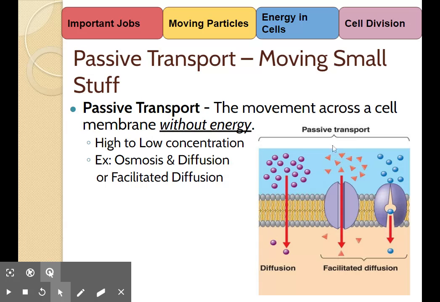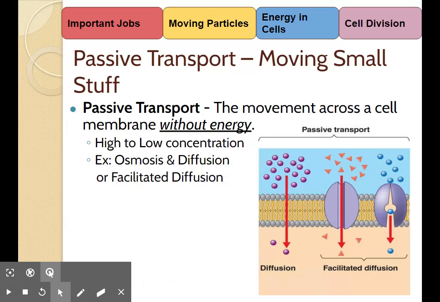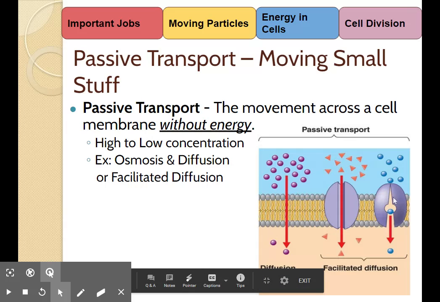So you have a high concentration of these pieces here, triangles, spheres, and then it goes across the membrane, that's this part, and then it gives you a low concentration. Examples of this are osmosis and diffusion, or facilitated diffusion, where it gets a little bit of help, a little passageway, a little channel for it to go through, another channel for it to go through here.